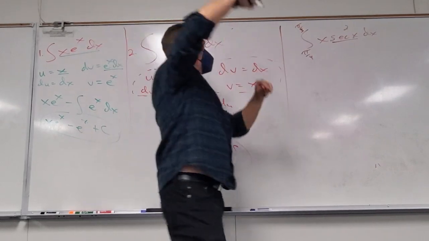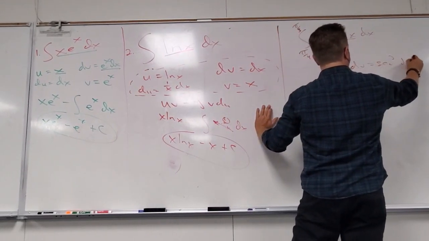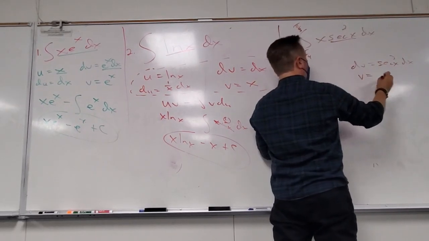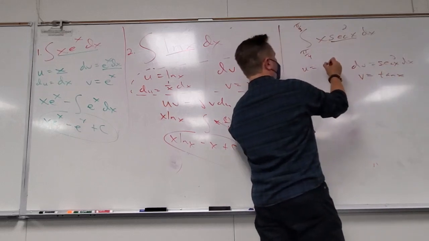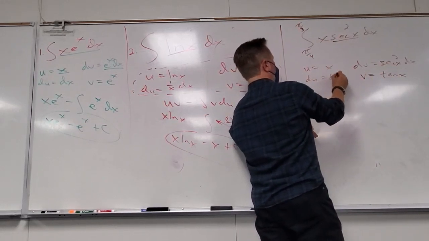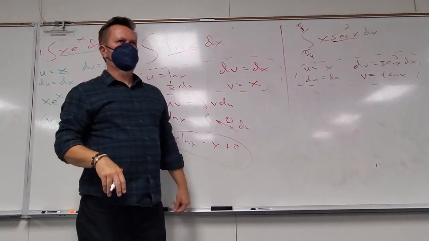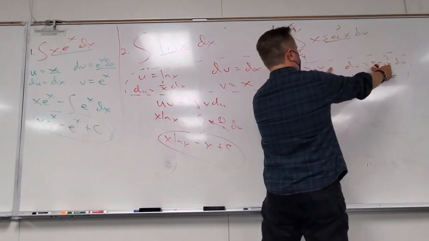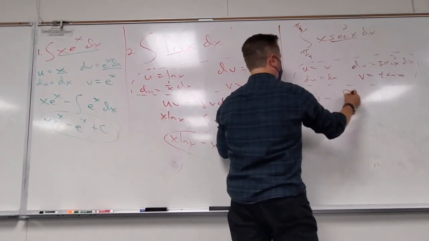So if I let dv be secant squared dx, then what's v? Tangent. U is x, so du is dx. And again, you can see there's your original integral, and now you can piece together your ultraviolet voodoo.